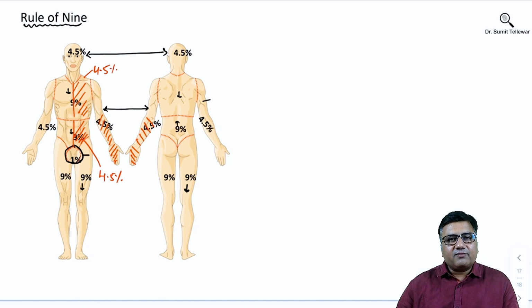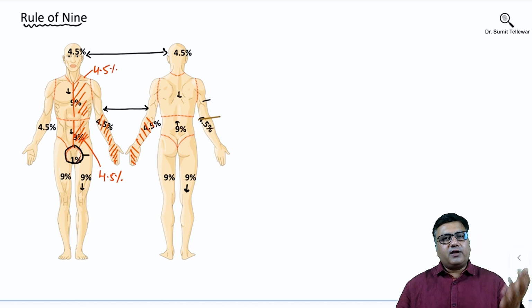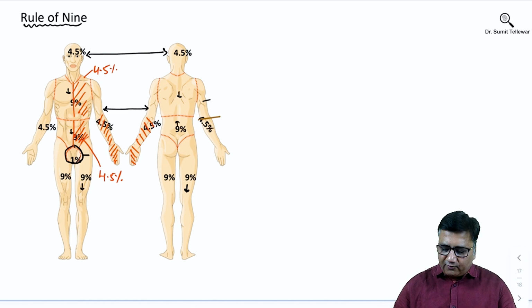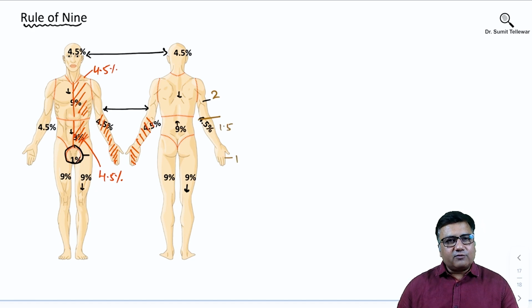The back of the upper limb is 4.5: the upper half is 2, the forearm is 1.5, and the hand is 1. Same goes for the front of the arm also. The upper half is 2, the forearm is 1.5, and the hand is 1.